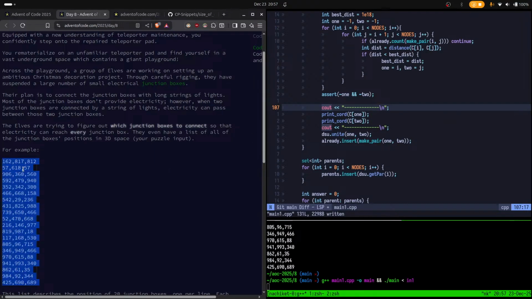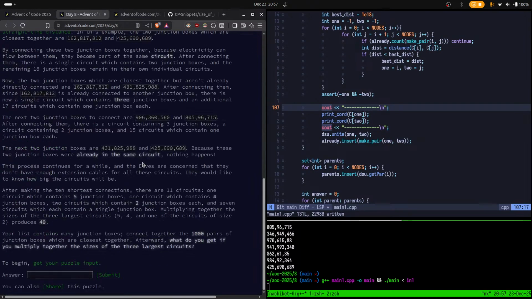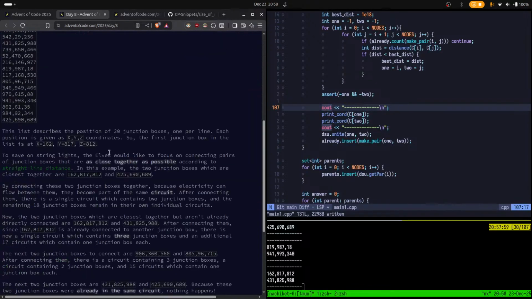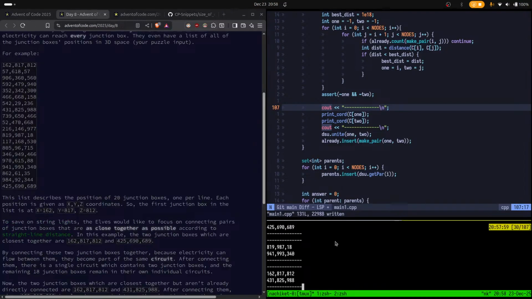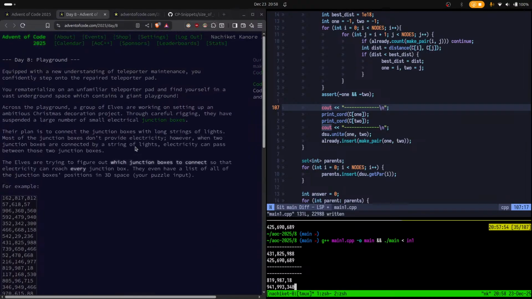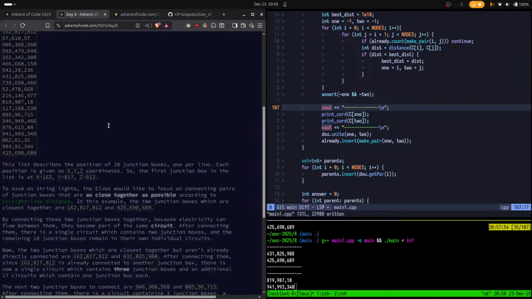Let's try and debug where we are wrong. Coordinate that was, save on string lights.